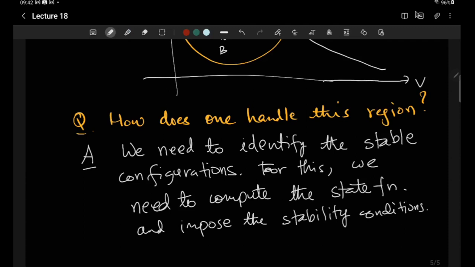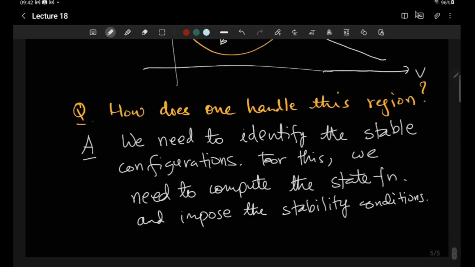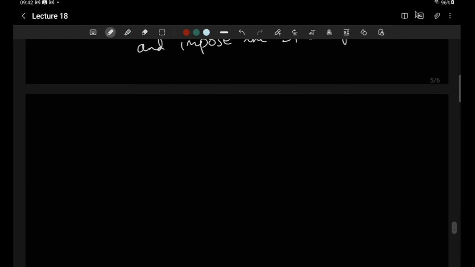It looks very complicated, but roughly what will happen is, first, what is the state function? If you remember, f for this gas would be a function of T and V, the Helmholtz free energy.